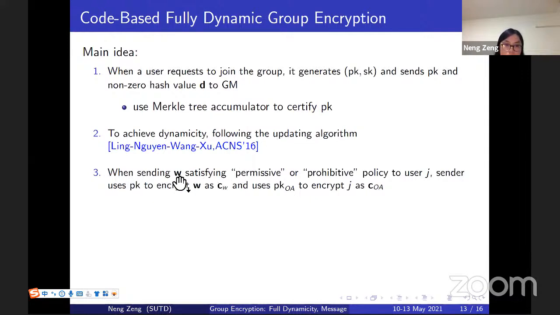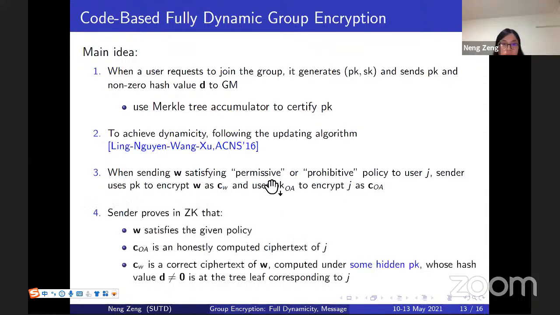And third, when sending a message satisfying either one of the two policies to the user, the sender will use the user's public key to encrypt the message and use the open authority's public key to encrypt the identity.